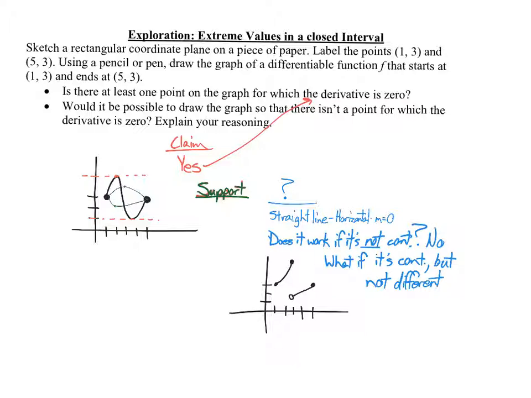A sharp point. Yeah, a sharp point. Okay, so let's draw this again. So let's say that our graph looked like this in the middle. Something like this. It's kind of a cool looking graph.